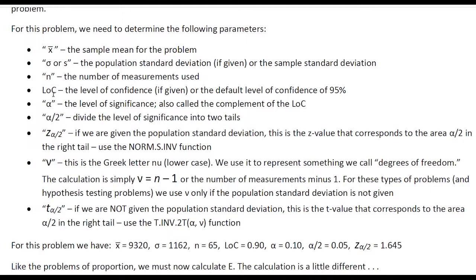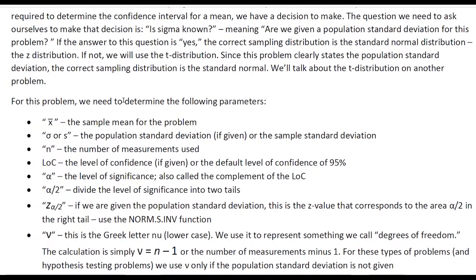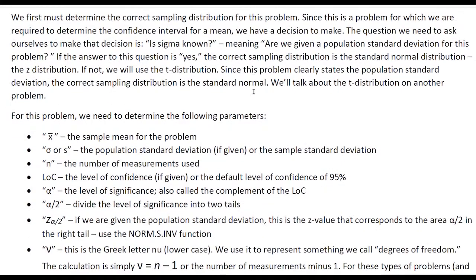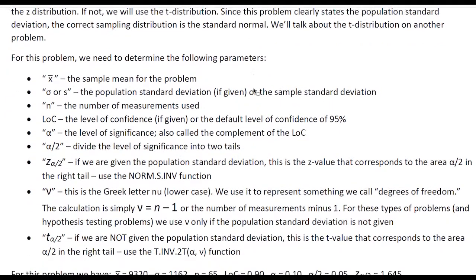A level of confidence, and just like everything else, if there's no level of confidence or level of significance given in the problem, then we default to 95%. This problem, they explicitly give us a confidence level right here, a 90% level of confidence, so we don't have to resort to the default.